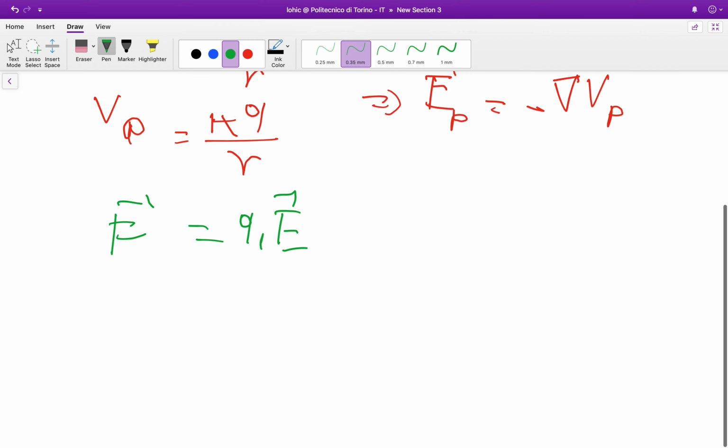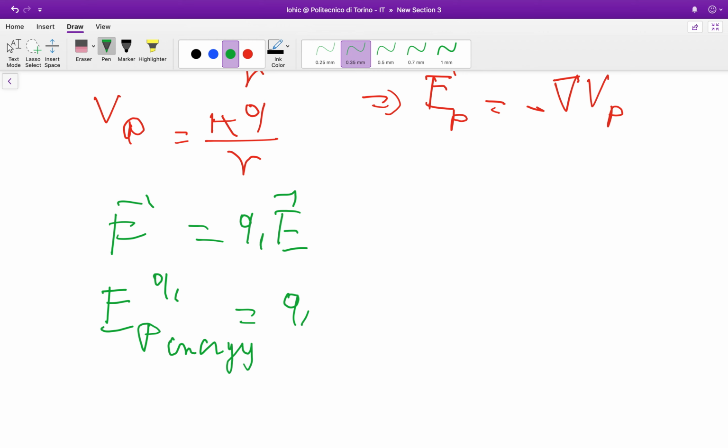Then from this force we also define the potential energy. We also define the potential energy of the charge Q1, that is equal to Q1 multiplied by the electric potential at the point where we put Q1.